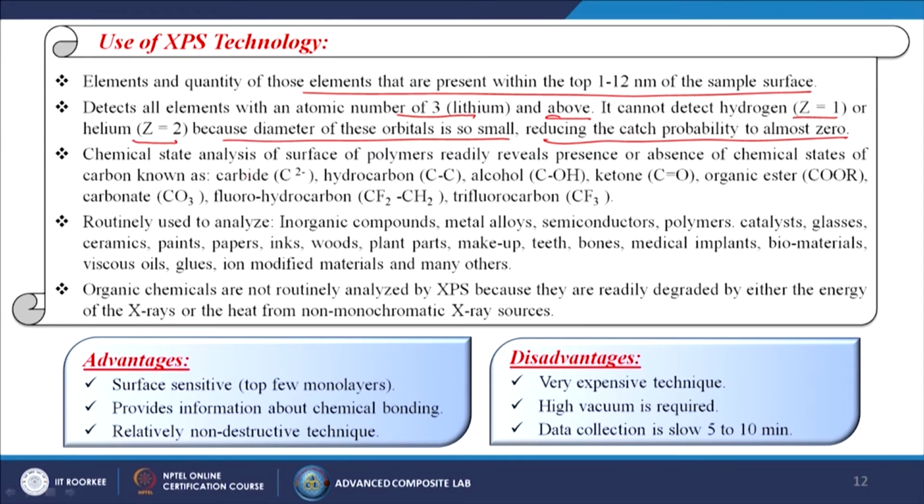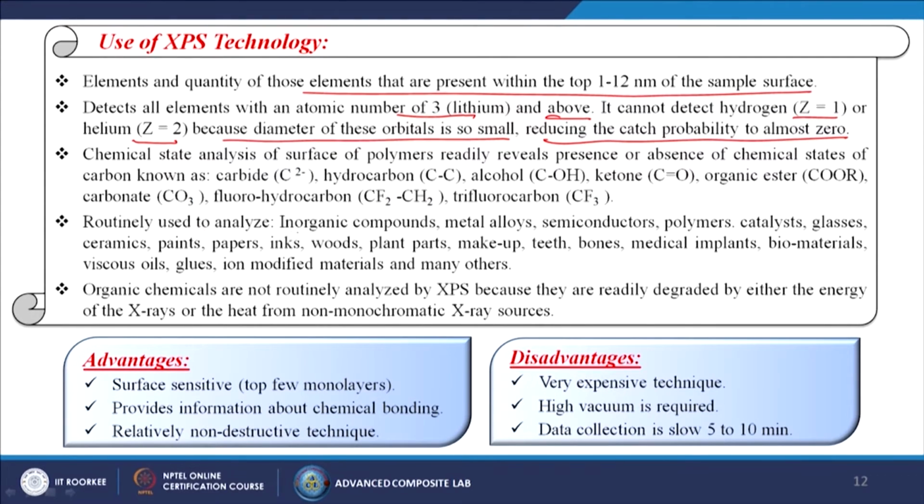Chemical state analysis of the surface of polymers readily reveals the presence or absence of chemical states of carbon known as carbide, hydrocarbon, alcohol, ketone, organic ester, carbonate, fluorohydrocarbon or maybe trifluorocarbon.